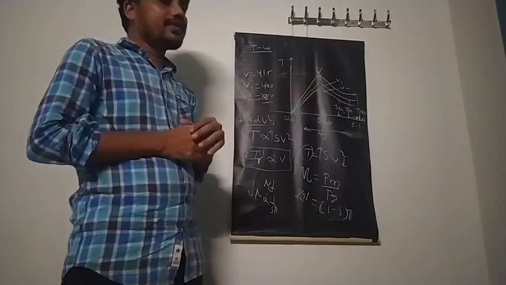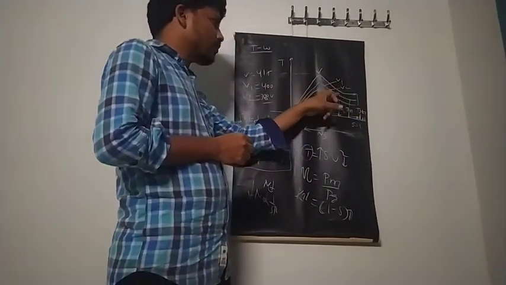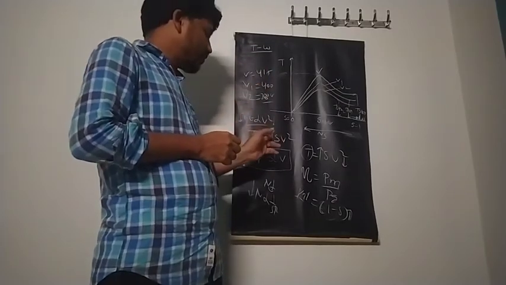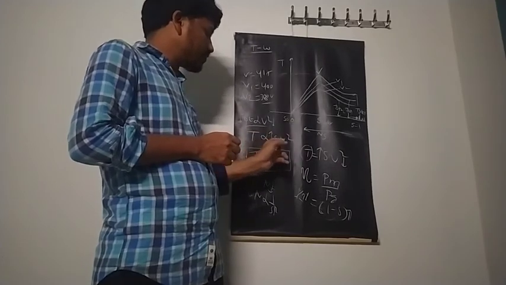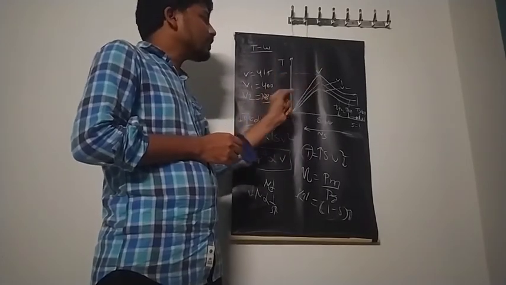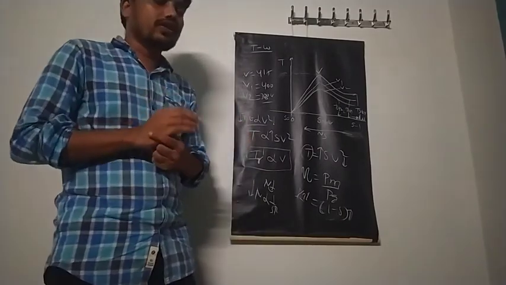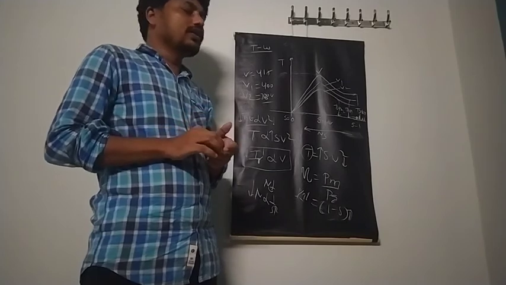But in these characteristics, we can observe that the starting torque changes with respect to voltage, and the torque developed by the motor changes with respect to voltage. Starting torque from this equation, normal torque from this equation. But the final conclusion is that the maximum torque developed by the motor is not changing.